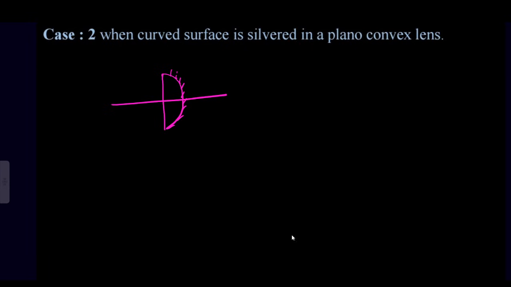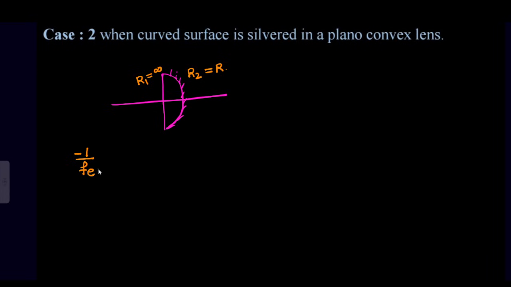Now here this is the radius R1 and this is the radius R2. Let us say R2 equal to R we are calling. So this is a plane surface, radius is how much? Straight line means radius is infinity. And what is the equivalent focal length in this case?